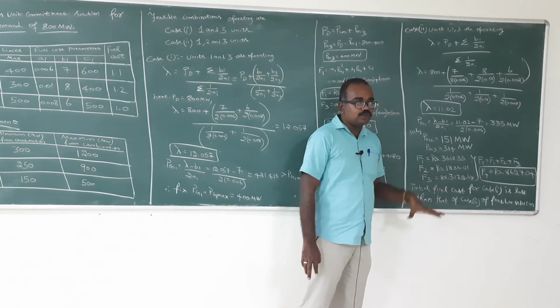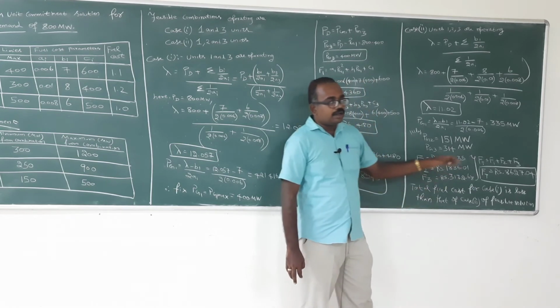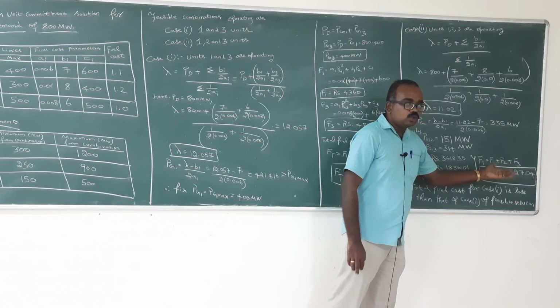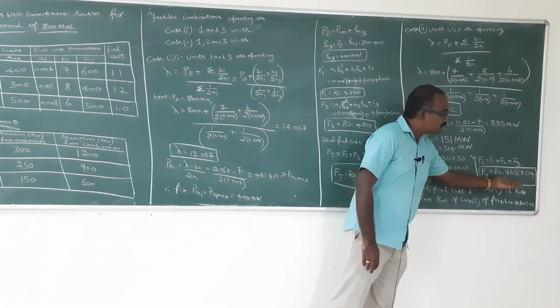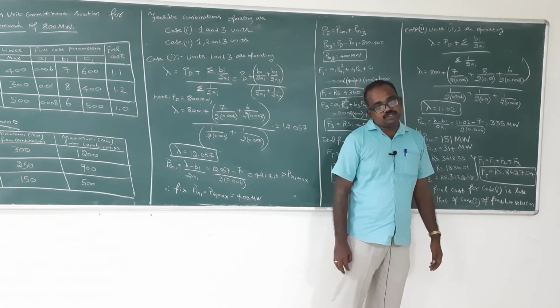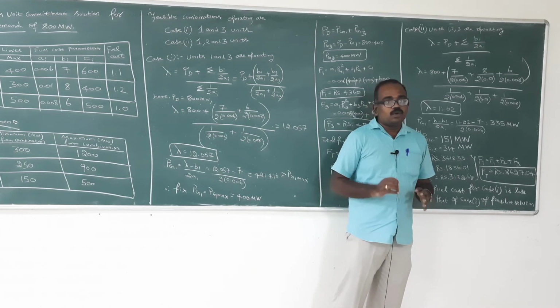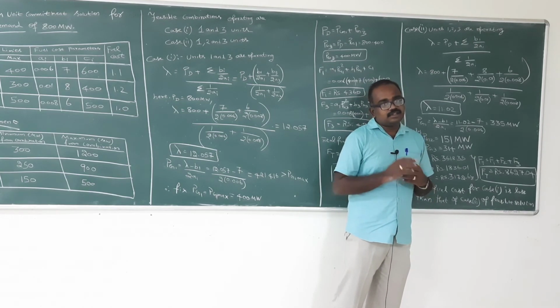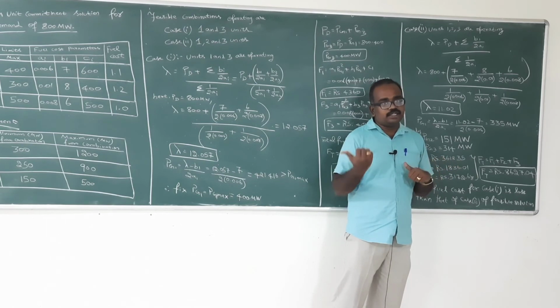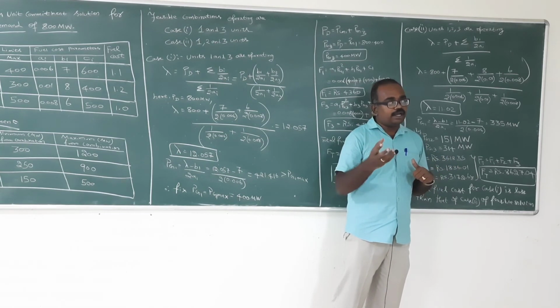So the total fuel cost of 1, 2 and 3 is 8627.04.